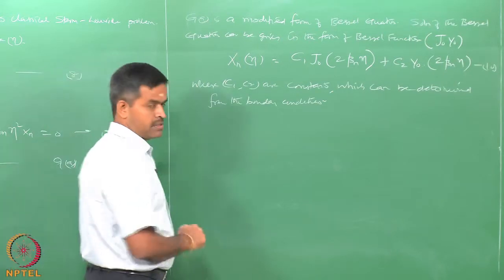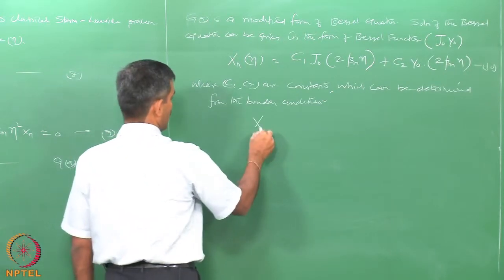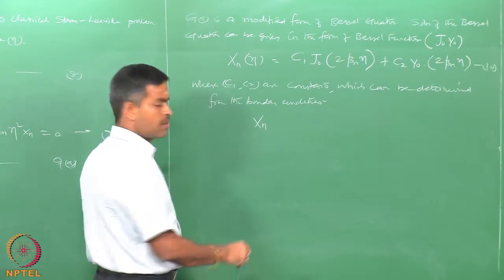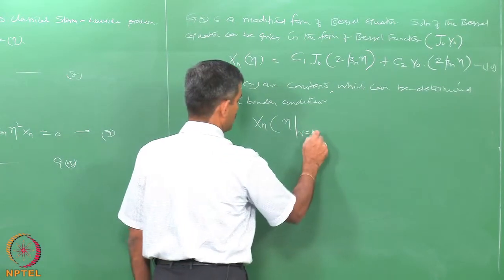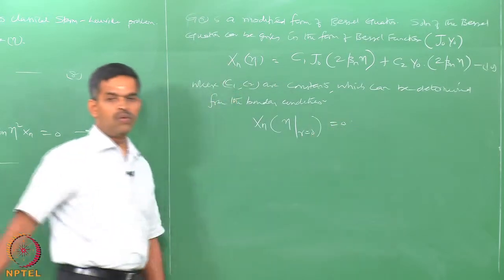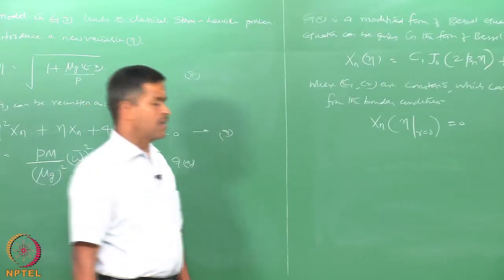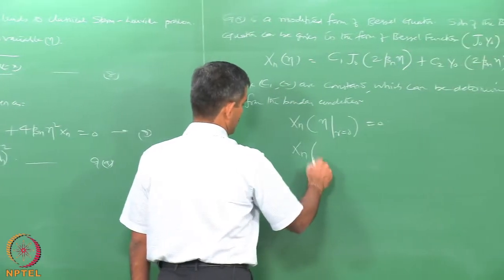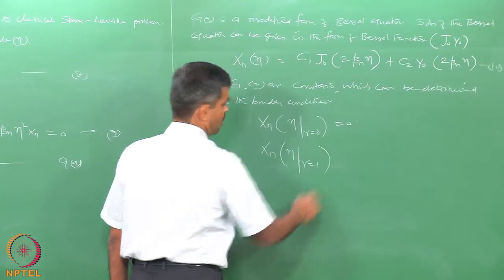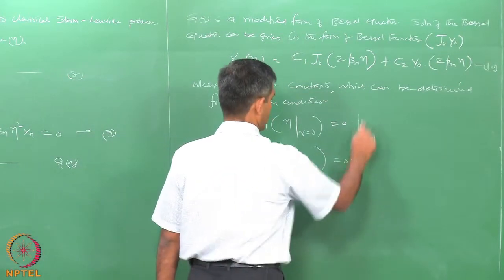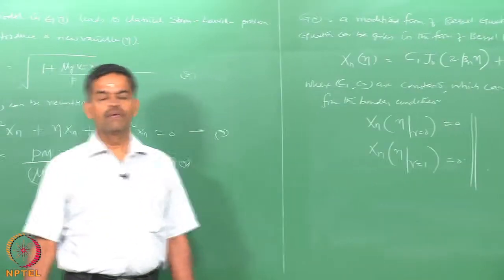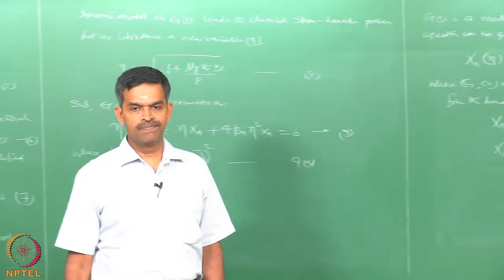So, what are the boundary conditions? X_n at eta_r equals 0 is 0 and X_n at eta_r equals 1 is also 0. Both ends are simply supported. Okay.